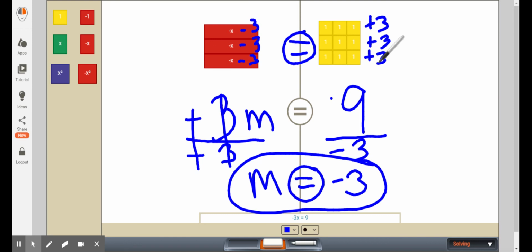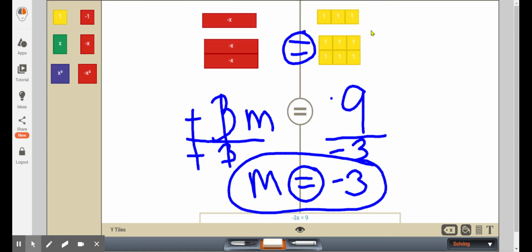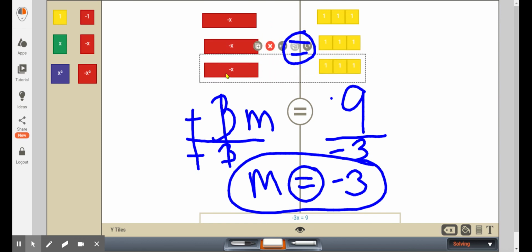Okay, so let's model that out and see what's going on. Okay, so let's separate these equally. Separate them into 3 groups. Okay, so we just separated them into 3 groups.